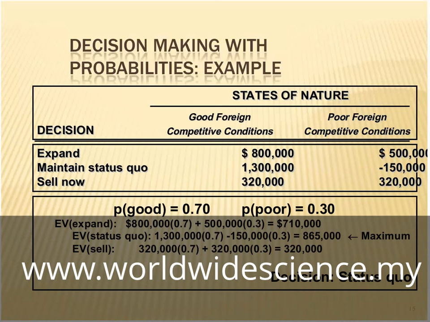So decision making with probability, or under risk, tells the operation manager it's better to select maintaining the status quo, because here the risk has been considered. The operation managers don't want to take the risk to expand or sell. Considering risk suggests that operation managers maintain the current machinery and equipment, reuse them in the current situation, and don't spend extra money.